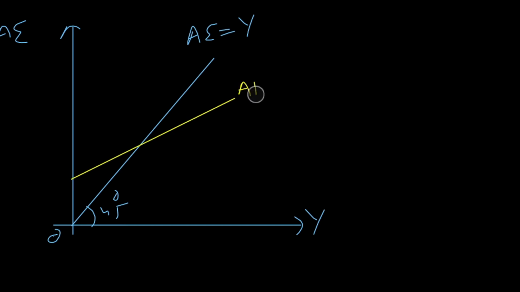In 3 sector economy, aggregate expenditure is equal to C plus I plus G, and the difference only in 4 sector economy will be we will add X minus M. All other is exactly same. Graph exactly looks same in 3 sector as well as 4 sector economy.